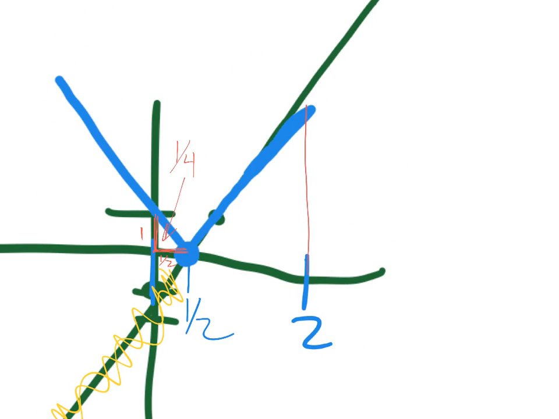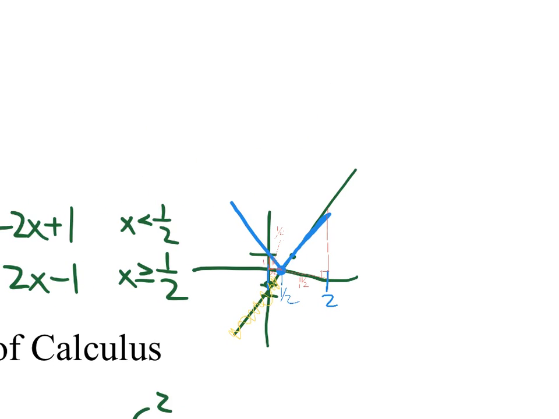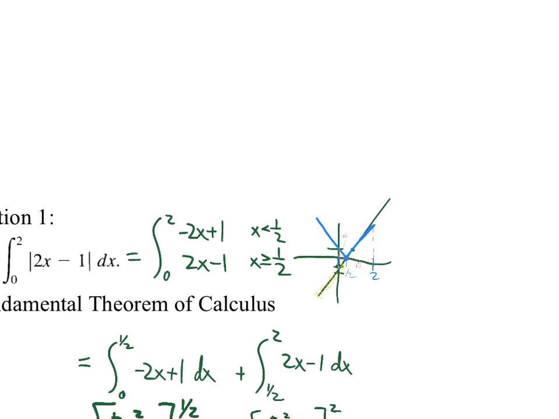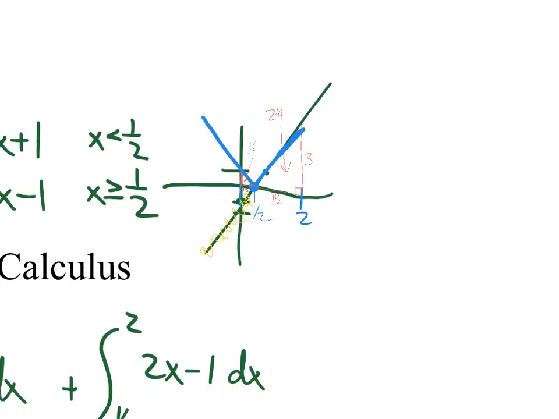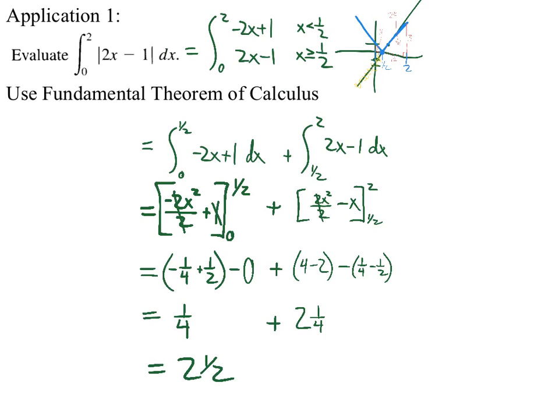This one has a base of 1.5 and a height, if I plug in 2, I get 4 minus 1, 3. So the area there, 1/2 base times height, would be 1/2 times 3 is 1.5, times 1.5 is 2 1/4. So you add them together and you get 2.5. So that confirms what we did with the integral.